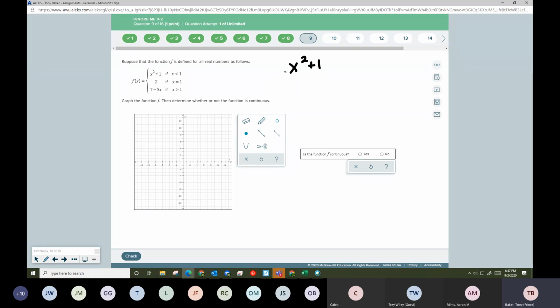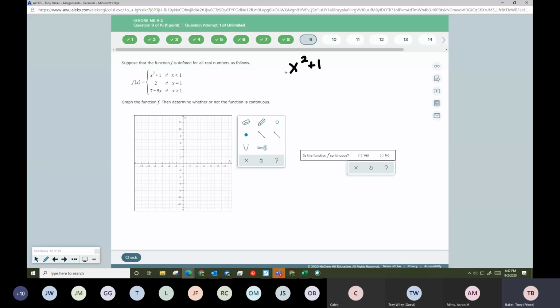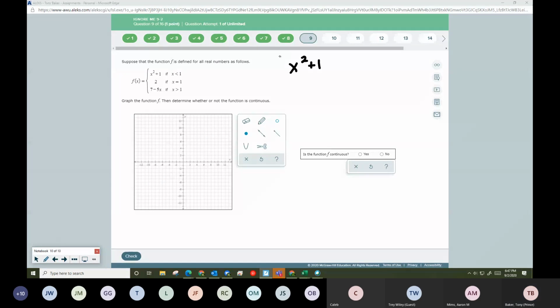If the leading coefficient is positive, it's up. If it's negative, it's down. In this case, my leading coefficient is 1. So since a is positive, it's up. So I know it's opening up.